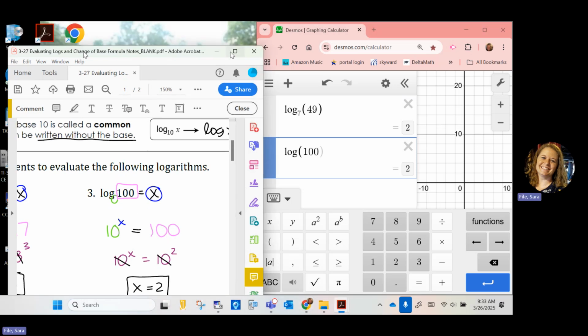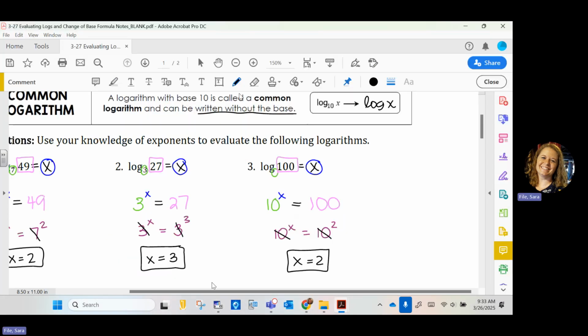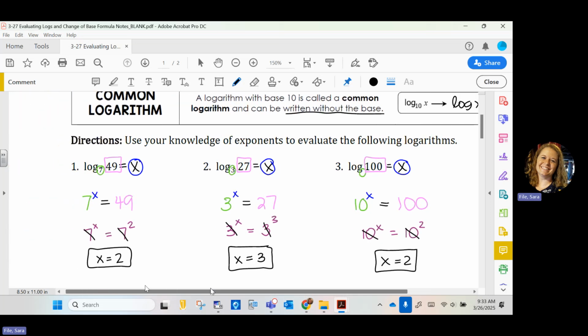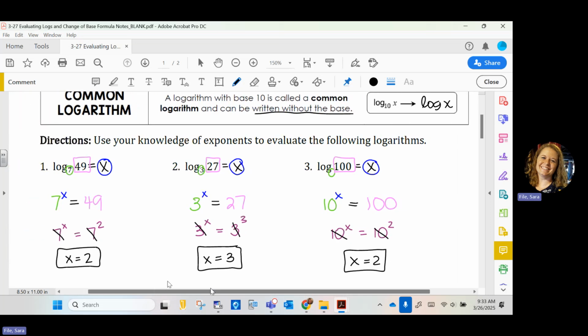I would like you practicing doing this algebraically, because remember on our reviews and tests, some questions, yes, you can just use Desmos because it's just asking for a final answer. But sometimes you have those questions that are like, what would the first step be? Or what would the common base be? We're testing that you actually know the process, not just can you put it in Desmos.